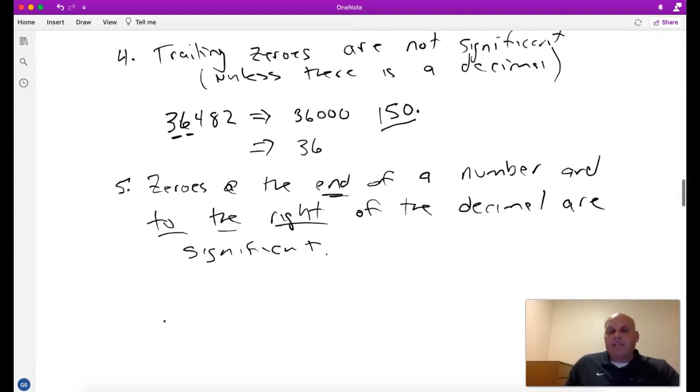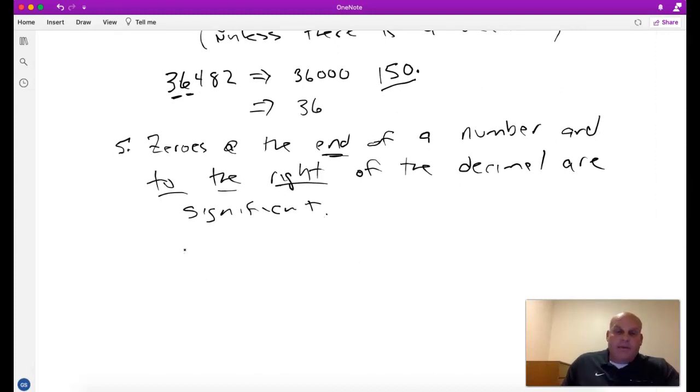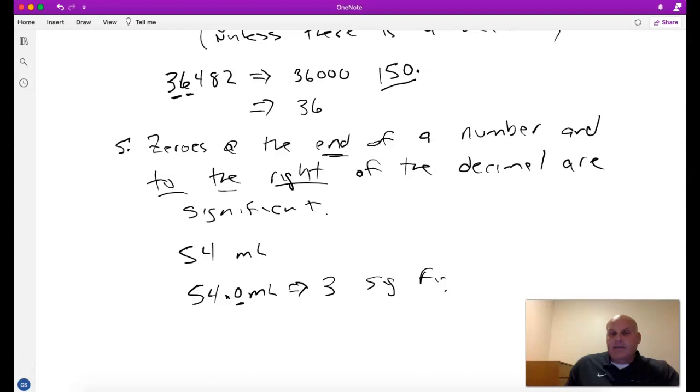So prior to a conversation here about significant figures, if I asked you what is the difference in magnitude or amount between these two values, you would have likely told me nothing. There is a difference between these two values, and that's the number of significant figures they have. If I were going to put a zero at the end of a number and to the right of a decimal, well, it doesn't really affect the magnitude of my value, so it must be important. It indicates a significant figure. This would have 3 sig figs.